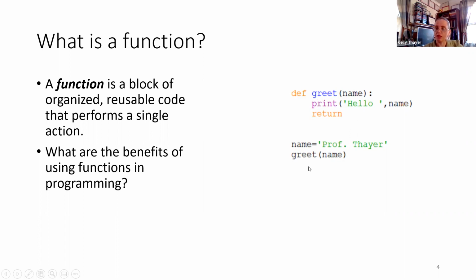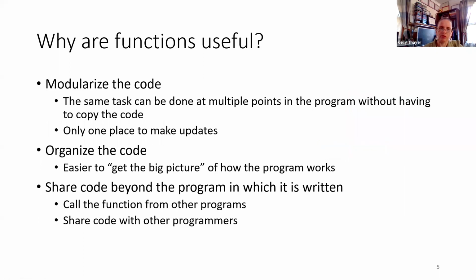This one doesn't send any answer back, but if we had an addition function, it could send back the sum of the numbers, for example. Down here, we have some input information, and we have our function call. It calls that function and sends up some information. So that's the basic way that functions are going to work. We'll delve into that in more detail as we go through today's lecture.